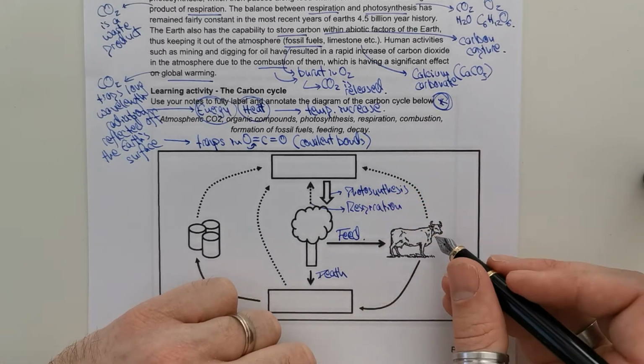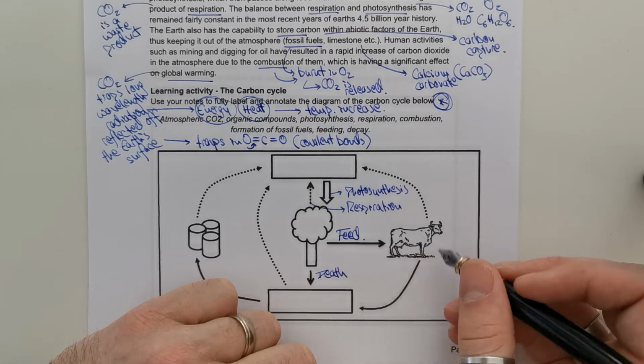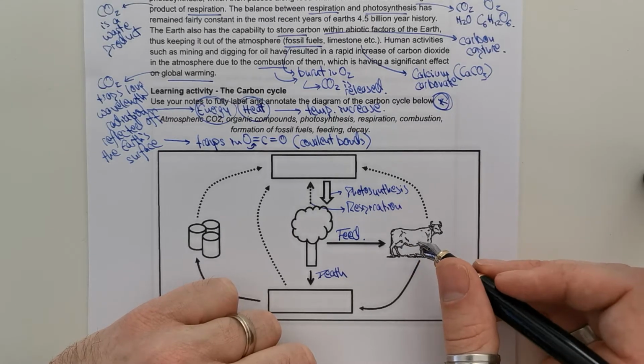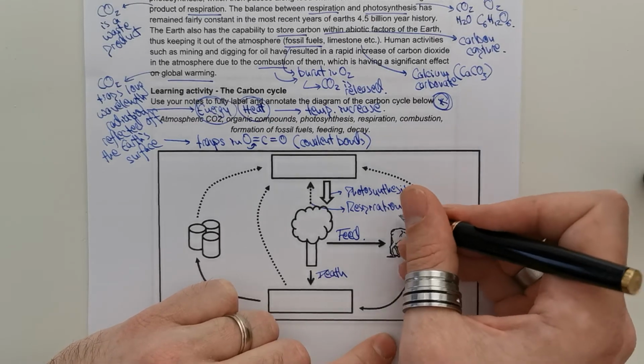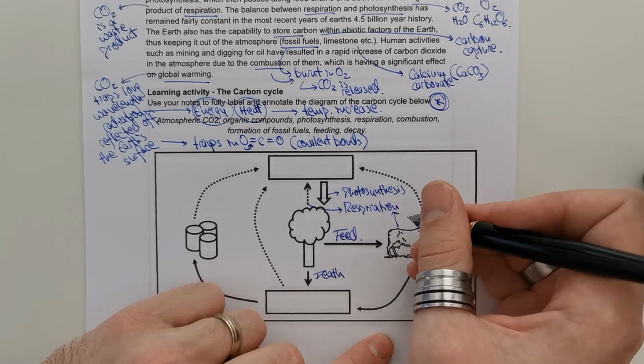Then, again, the cow, the animal. How does the cow give carbon back into the atmosphere? Returns it via respiration.